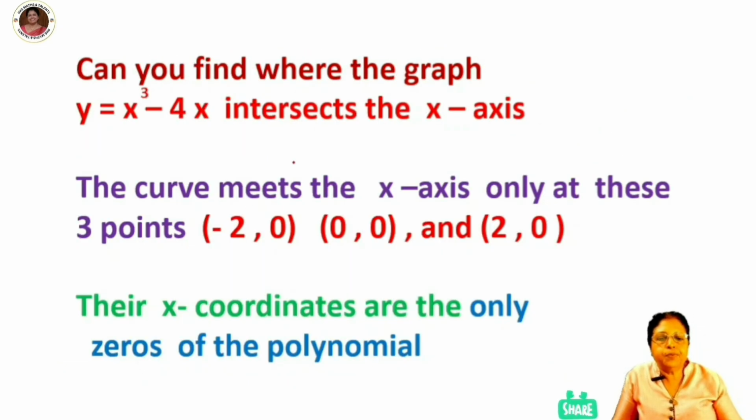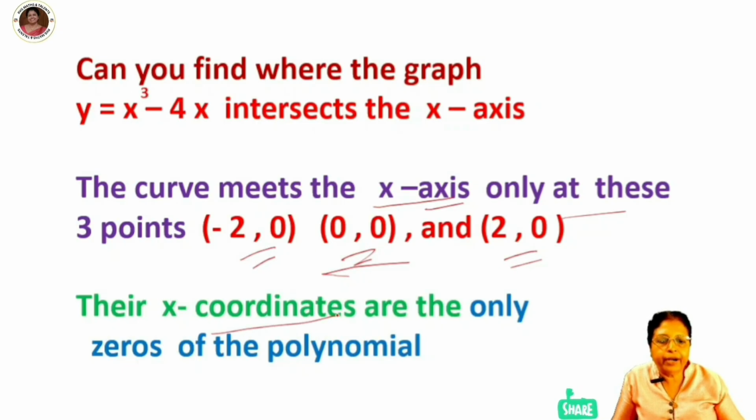If you observe the graph, you can see the curve meets the x-axis only at these 3 points, that are minus 2, 0, 0, 0 and 2, 0. The x coordinates are the only zeros of this polynomial.